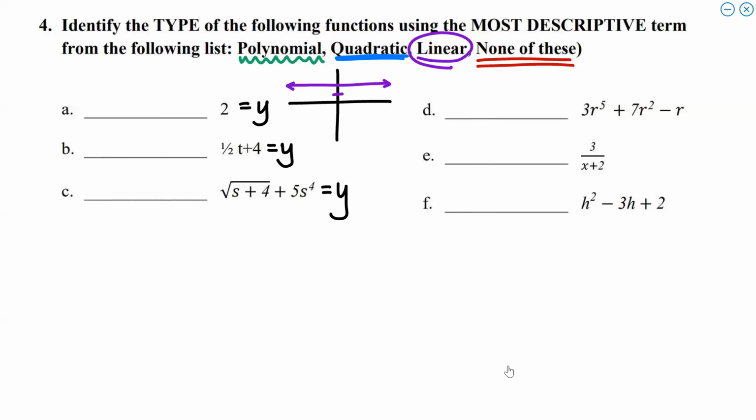If it just has a y equals and there's no x's at all, that means it goes through the y-axis, but it doesn't ever touch the x-axis. That's how I know it's a horizontal line. So what would be the most descriptive term for this type of function? Would we call this a polynomial, a quadratic, a linear, or none of these? Linear.